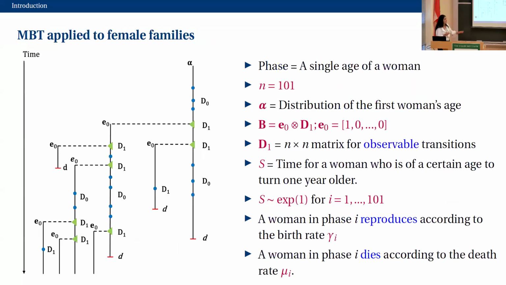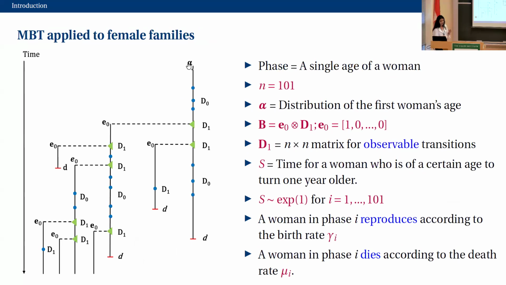But before that, let's connect the MBT specifically to the birth of a woman. Because this model is very flexible, we make a few adjustments. In our model, the phase will be a single year of age of a woman. So if a woman starts her life at age 0, she has to go on in order as 1, 2, 3, up to 100 plus. So our model will have 101 phases.